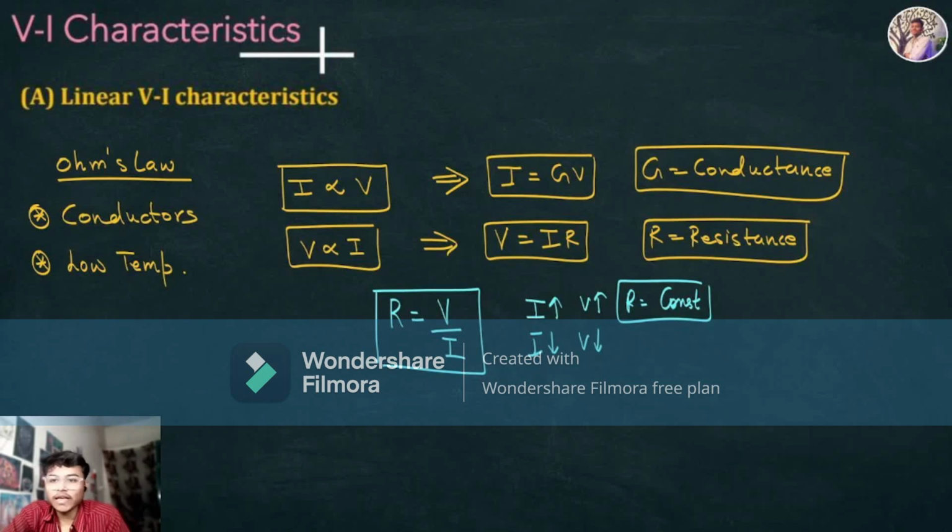Okay, so there is the VI characteristic like Ohm's law. What is a linear VI characteristic? It depends on Ohm's law, so I is directly proportional to V. So I is equal to G times V, and V is directly proportional to I, V equals IR, where R is equal to 1 by G. This is how you learn it, it depends on you.